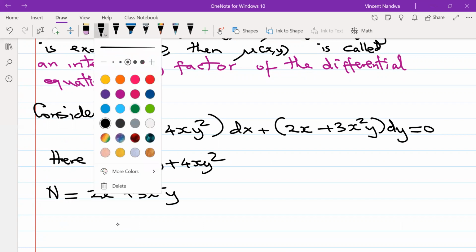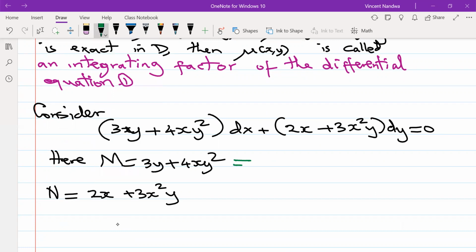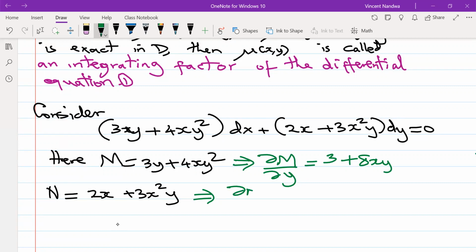Now the test for exactness is that we have to find partial M partial y. And in this case, partial M partial y will be given by 3 plus 8xy. And then partial N partial x will give us 2 plus 6xy.